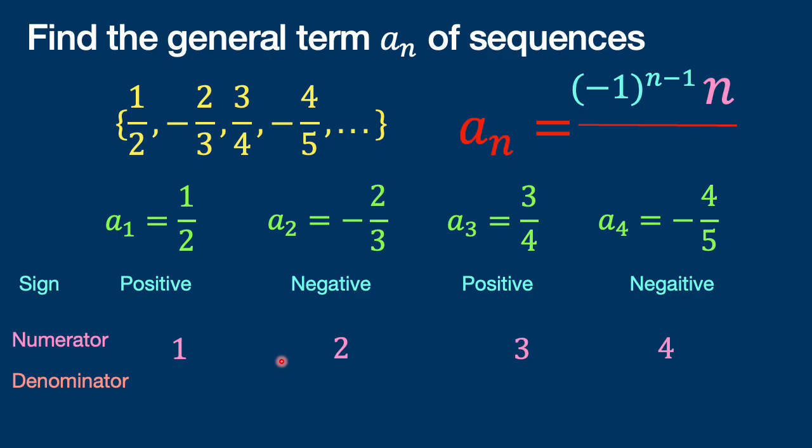Now we are looking for the denominator. 2, 3, 4, 5. So the A1 denominator is 2, A2 denominator 3, A3 denominator 4, A4 denominator 5, so for AN it is going to be n plus 1. You find the general term of the sequence AN right there, guys. This is an alternating series. You have to find the sign term in this form, okay?